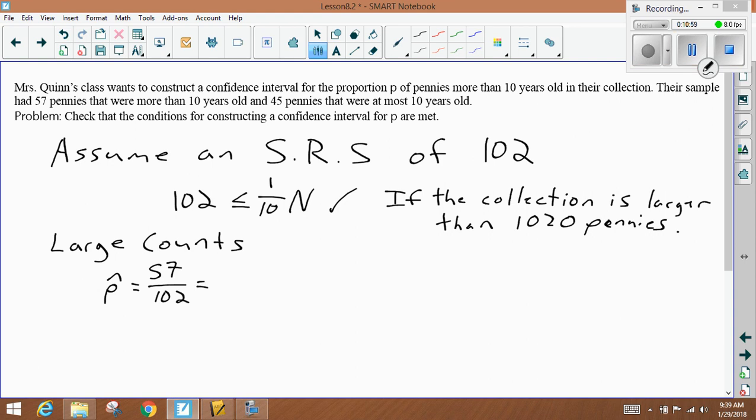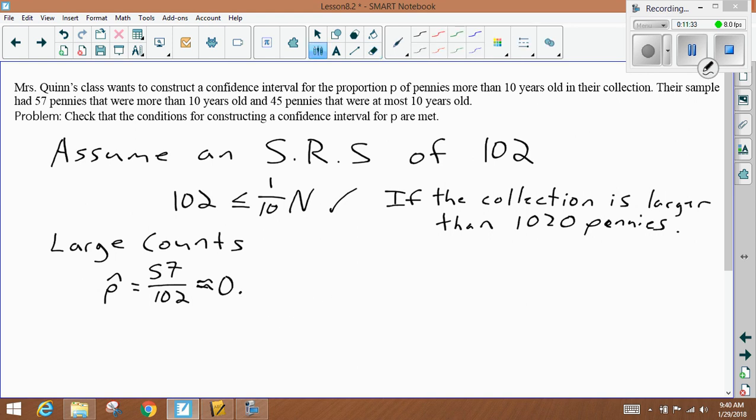So p hat is approximately 0.559 if we round to the thousandth place. Right. No, I mean you can use the fraction. It's right.